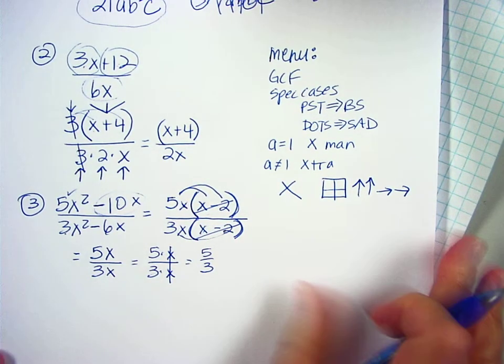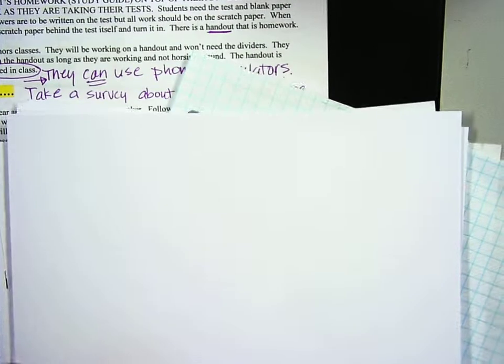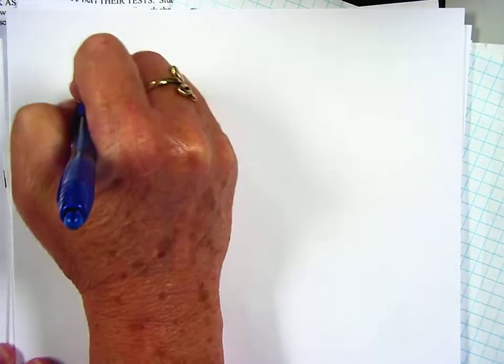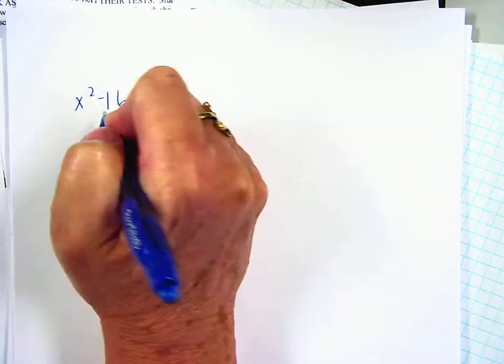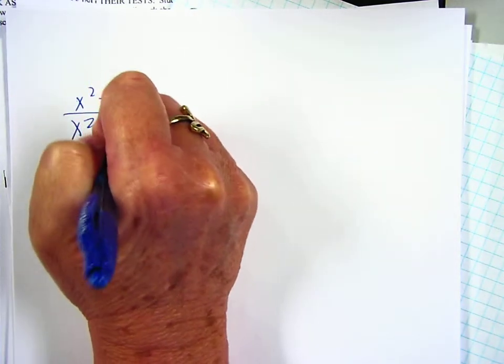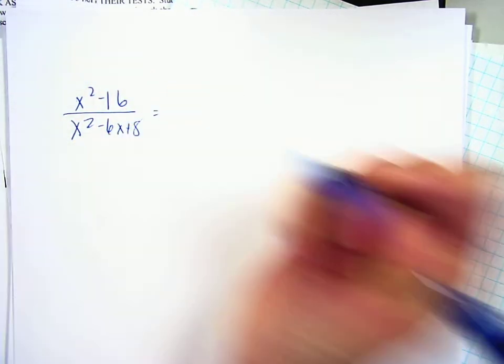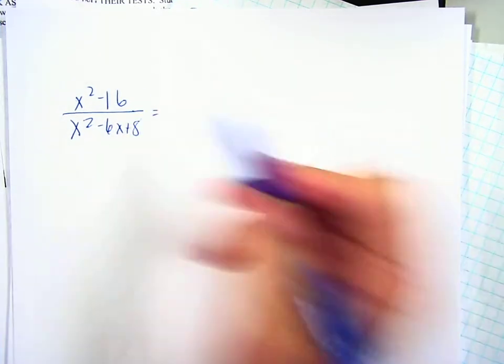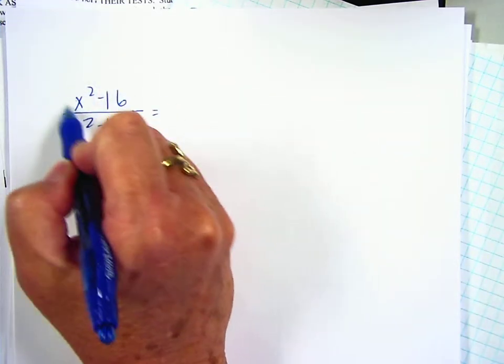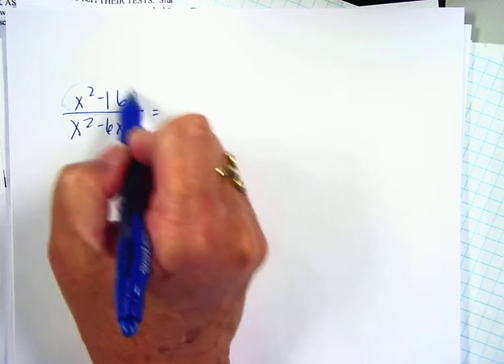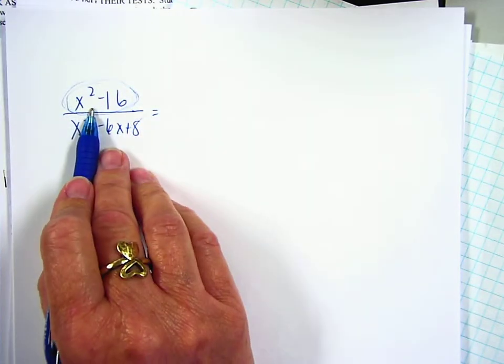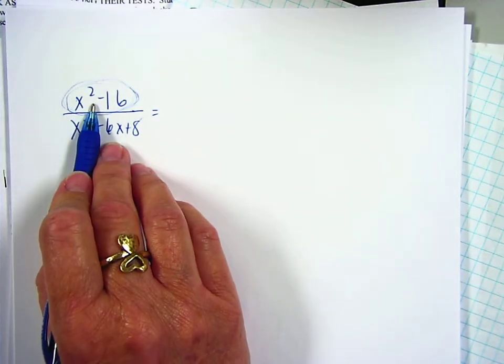Number 4. X squared minus 16 over x squared minus 6x plus 8. All right. Binomial, polynomial, menu. No GCF, but this is a special case. This is DOTS.